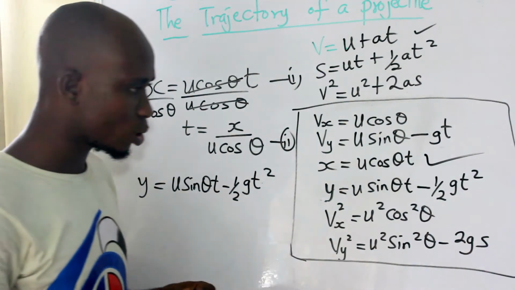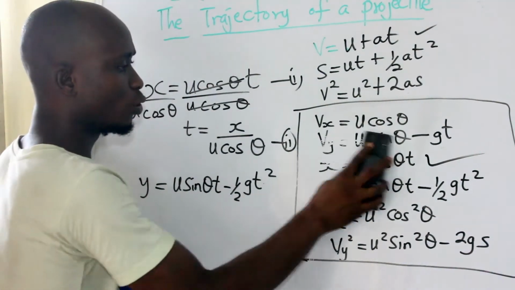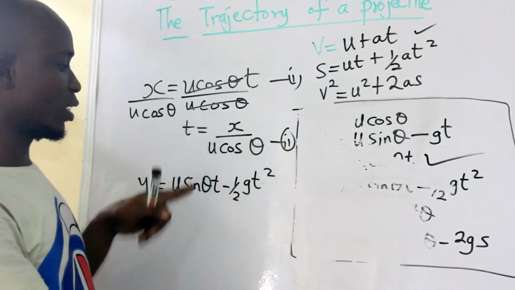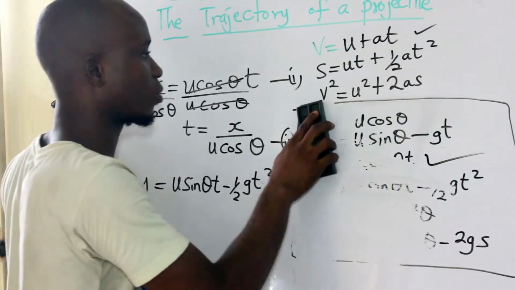Now, simply put, we are going to be substituting t into this equation, and that's all.